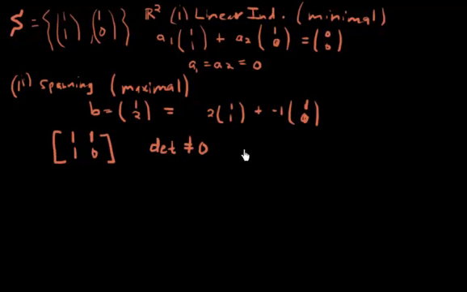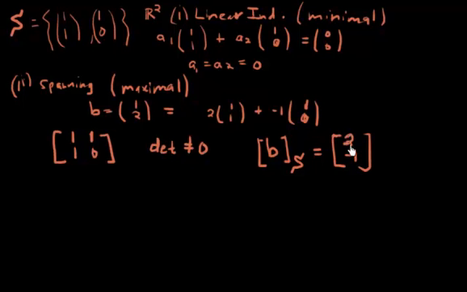Now, the notion of a basis is much more general, in fact, than just these vectors. And that's done through these coordinates or coefficients. So if we think of what we did here with b, we represented b relative to the basis S. And the way we did that, one can think of as using these coefficients, 2, negative 1.